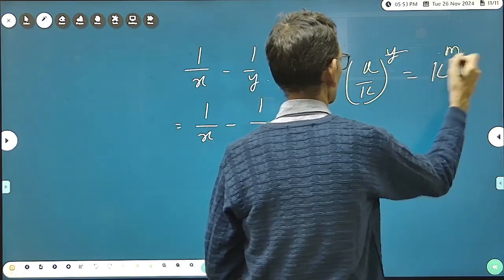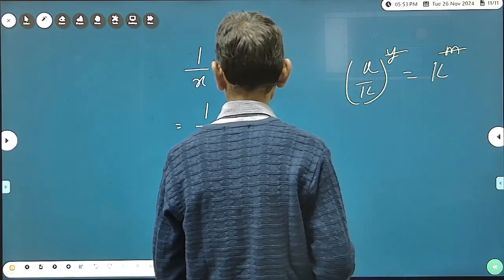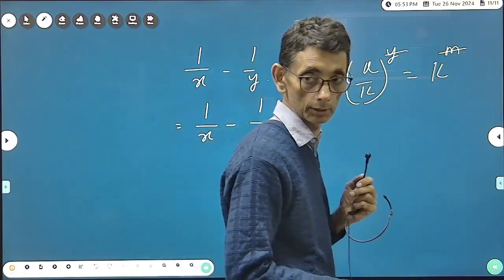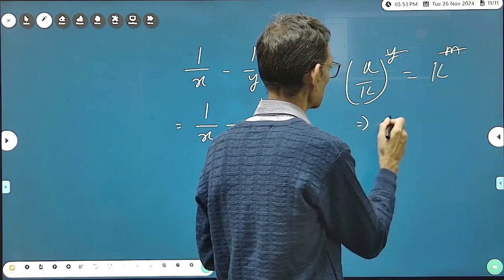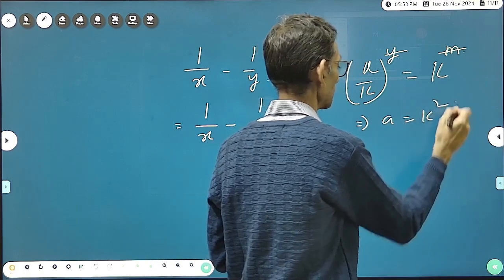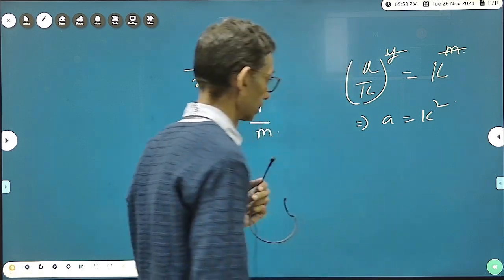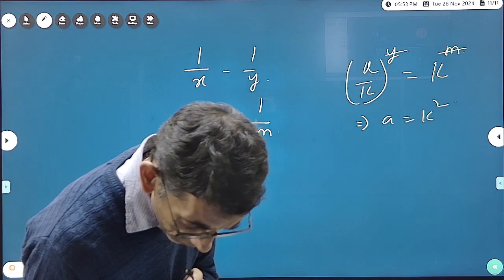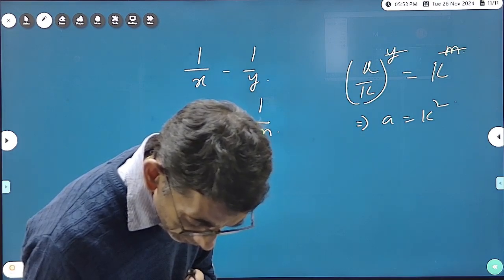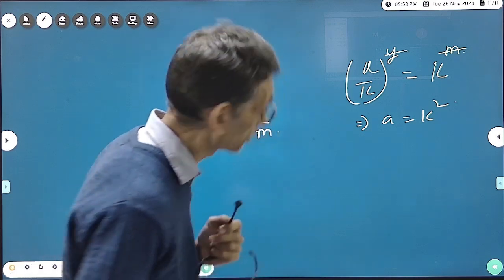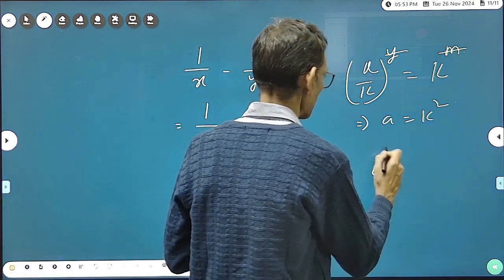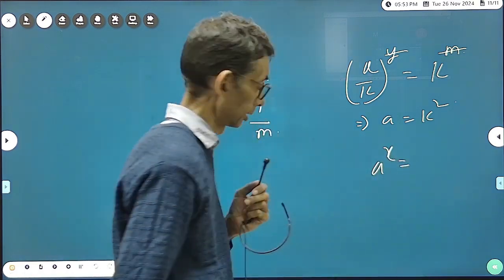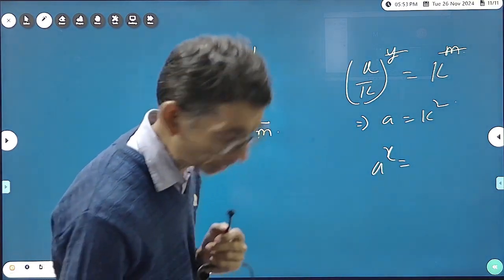So this is equal to a is equal to k square. If the a value is k square, then a to the power x is equal to k to the power m.